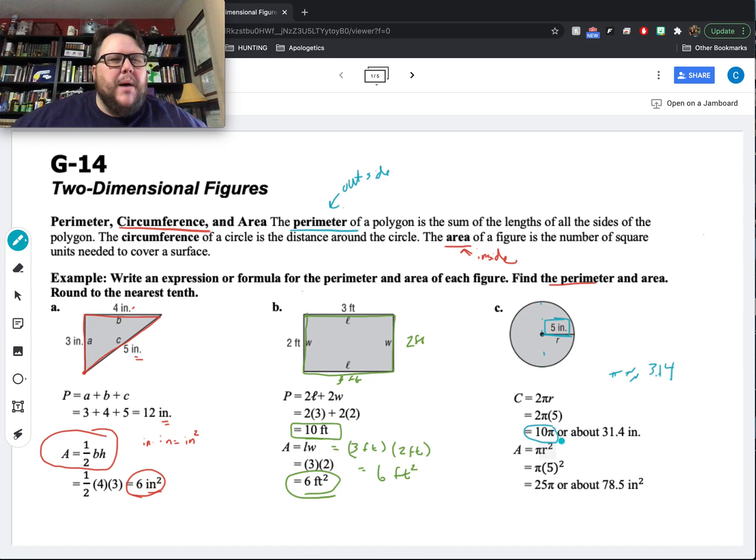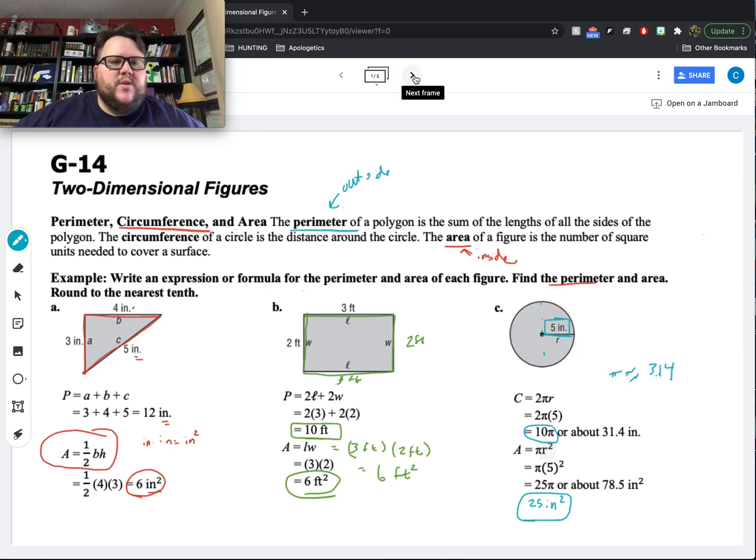But I like to keep pi in there. It makes things a lot easier going forward. Area of a circle is pi r squared. So it's pi times 5 squared. Well, what's 5 squared? It is 25. So it's 25 pi, but we have to remember our units: 25 pi inches squared.